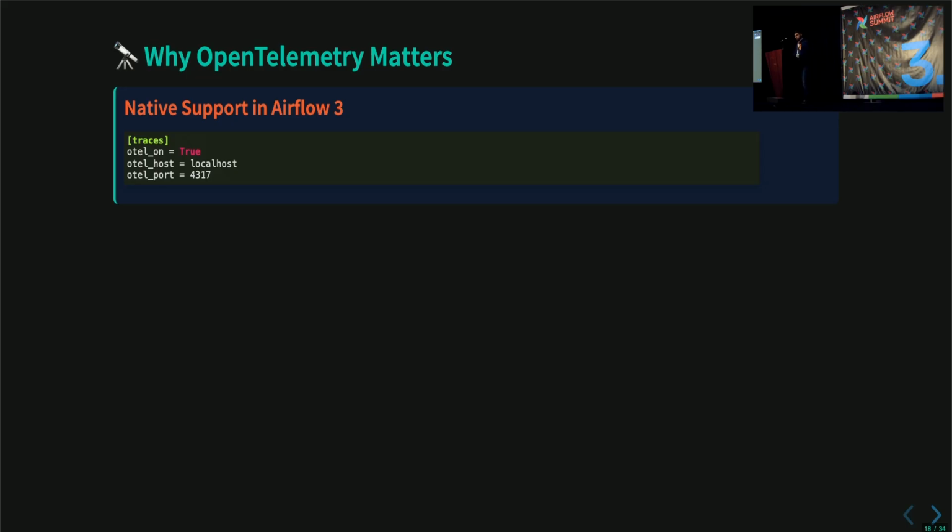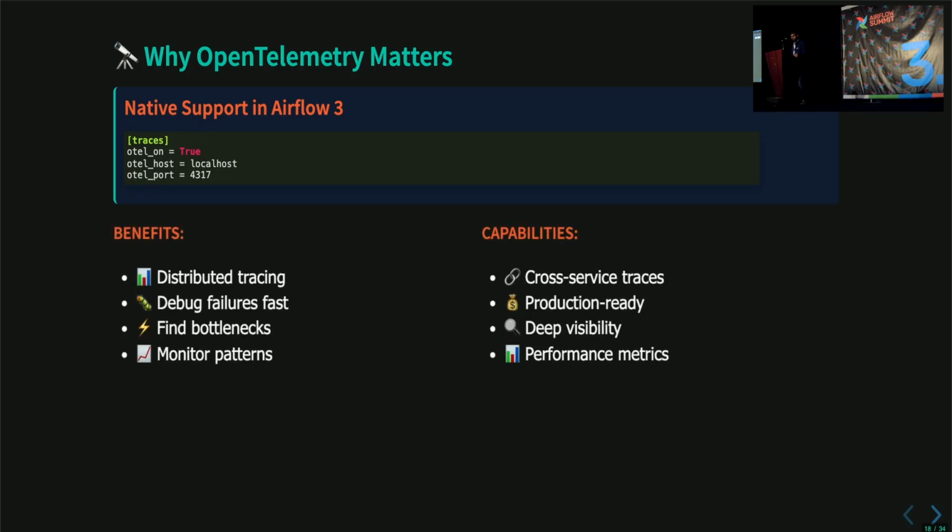I want to take a brief moment to highlight the importance of OpenTelemetry native in Airflow 3, because it opens up a very big horizon for us. You could debug failures much faster, find bottlenecks, monitor patterns, and go deeply inside to get visibility into your pipelines.